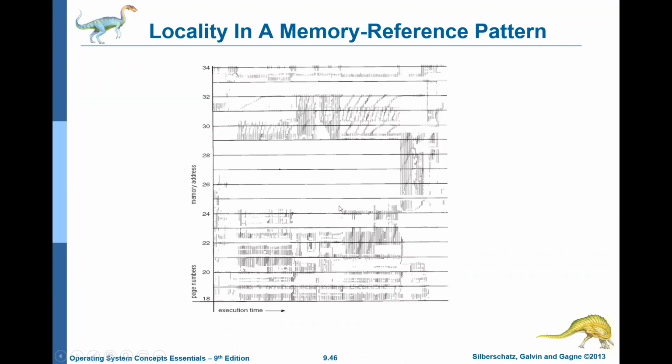But at a certain point, it changes, and the locality becomes from 29 till 24, and also from 20 to 18. So we need to change the locality. We need to keep track of what the locality is and make sure that the pages of that locality are being stored, and that the total of all those pages is not too big.